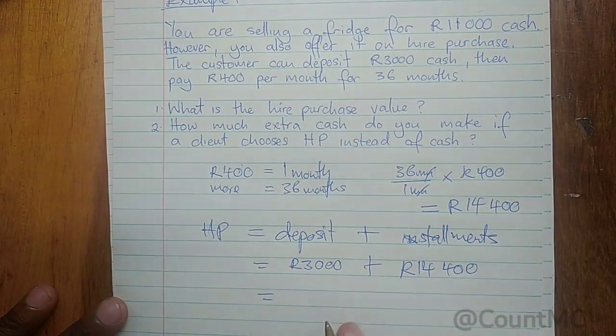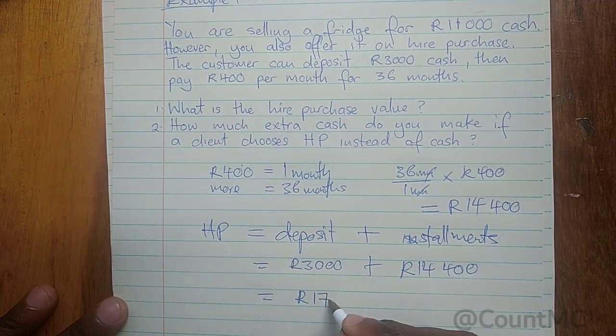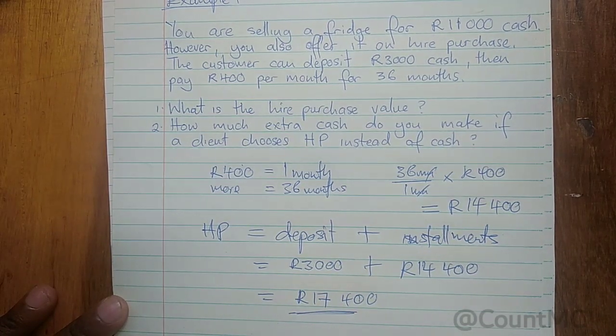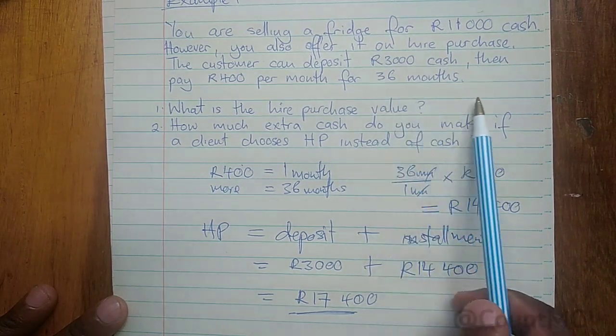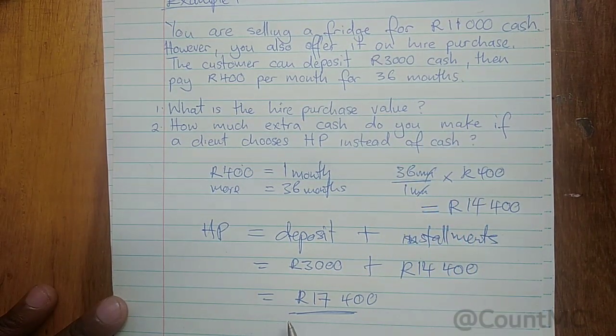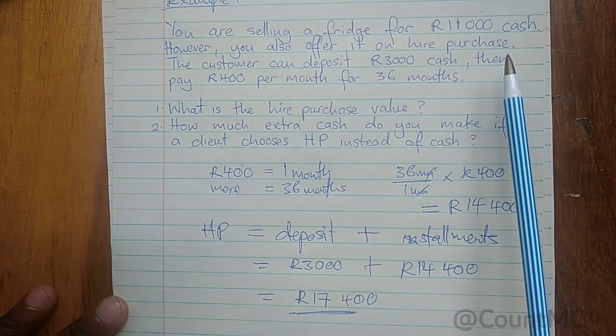If you add this together, you get 17,400. So if a client takes hire purchase in those 36 months, all in all, you are going to have 17,400 rands. So that's the good part about it, instead of getting just 11,000 rands.